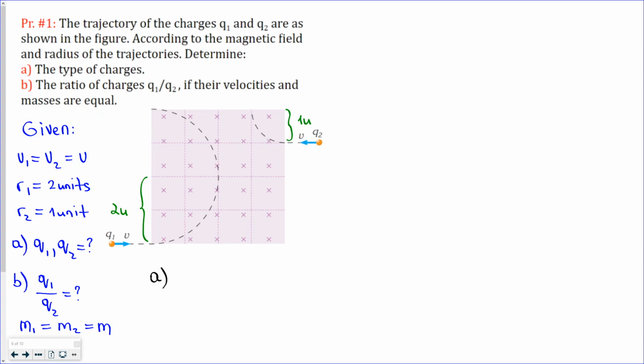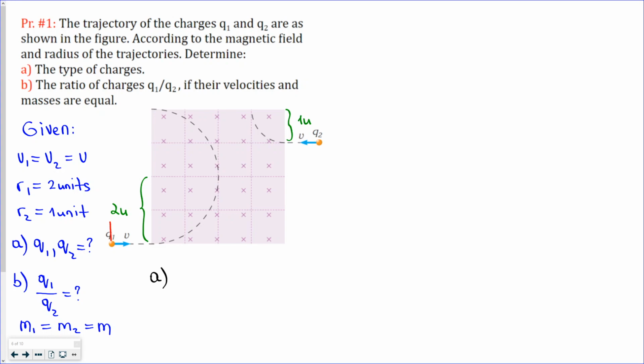Remember, the right-hand rule can be applied only to the positive charge. For the negative charge, it is the opposite. So let's start from the first charge. Align your fingers with the direction of the magnetic field and your thumb must show the direction of the velocity. And the palm would show the force.